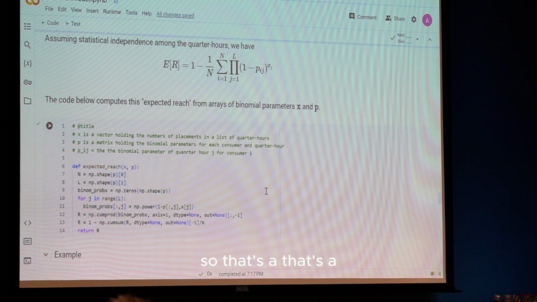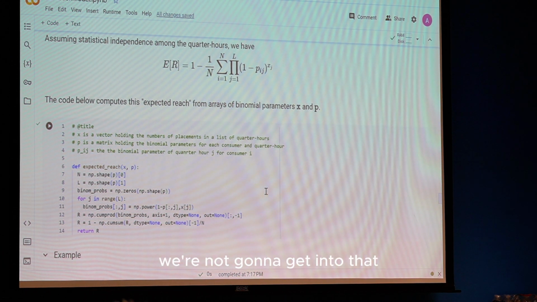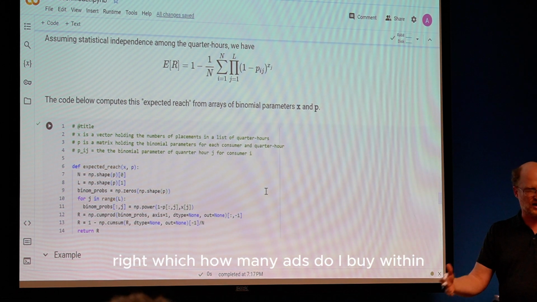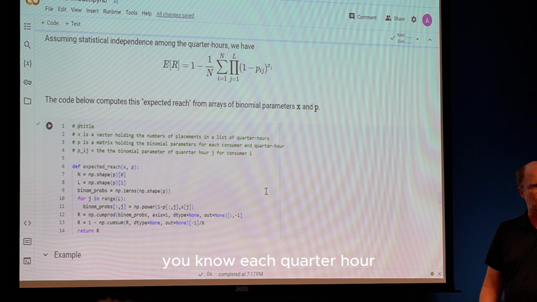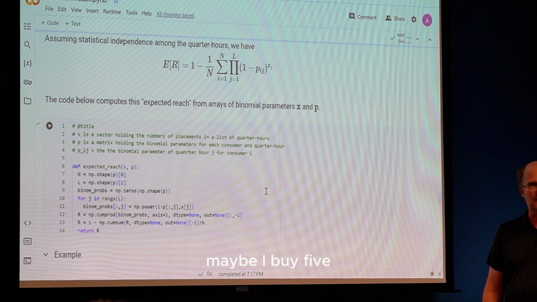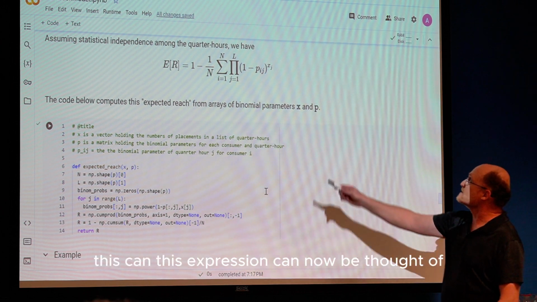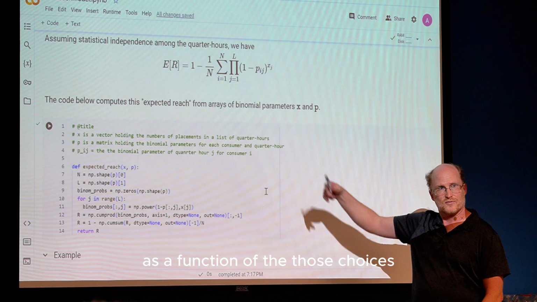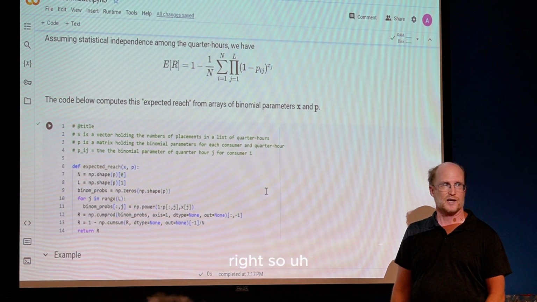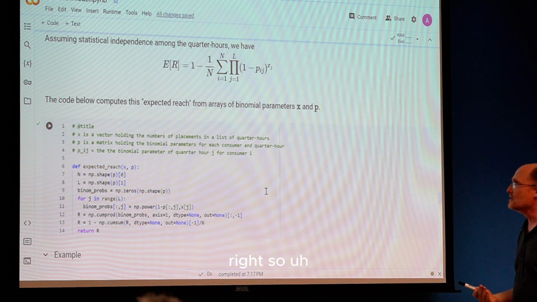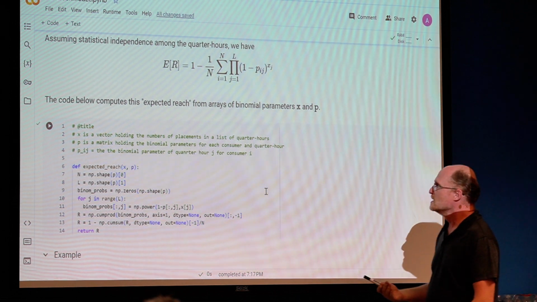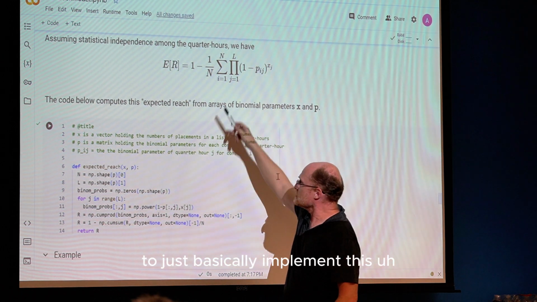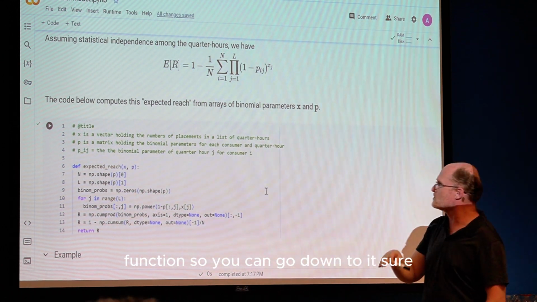We're not going to get into that, but it's certainly a variable of interest. How many ads do I buy within each quarter hour? Maybe 0, maybe 5. Anyway, this expression can now be thought of as a function of those choices. I wrote up some code to implement this function. Can you go down a bit? Sure.